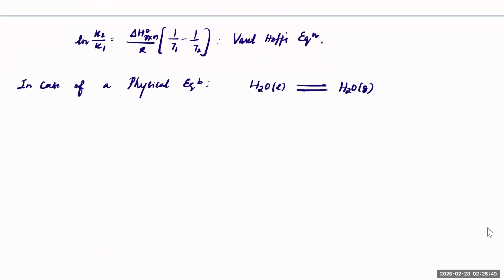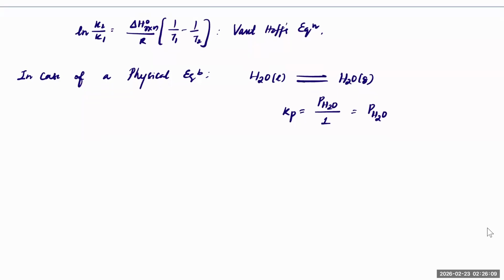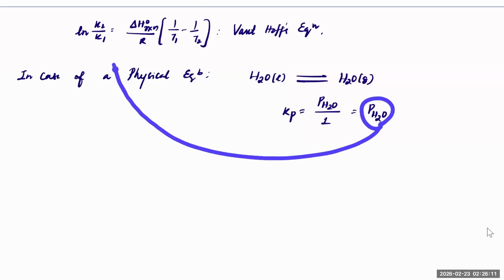This is a physical equilibrium. In that case, you know that the Kp value will be pressure of H2O divided by H2O in pure liquid form. For pure liquid form, the active mass is 1. So it means the Kp value is simply the partial pressure of H2O. That's it. Hence, you apply this value directly here.